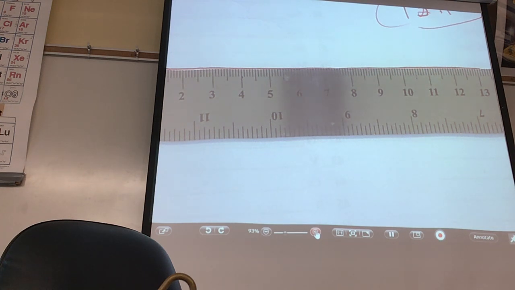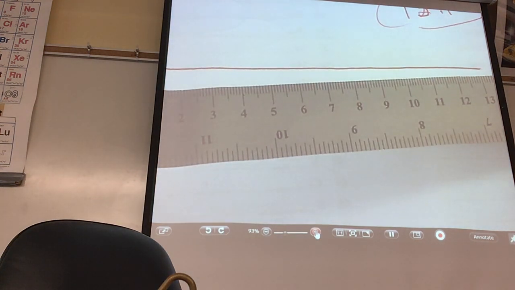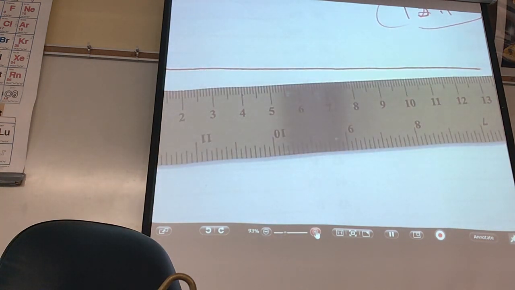Are you certain that it's 13.1? Or could it be 13.2? Maybe a little bit more than that? Take that little tiny piece and divide it into 10 sections. What do you think it is? 13.1?